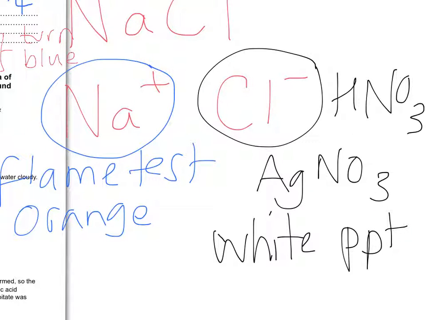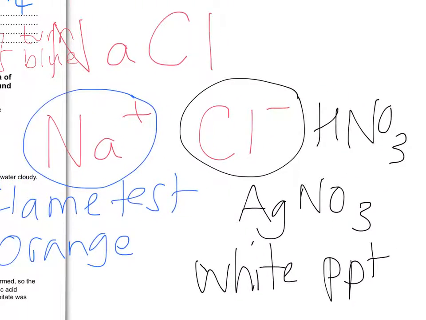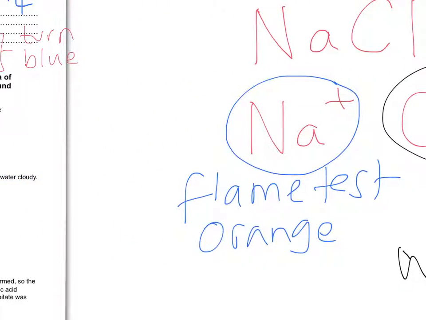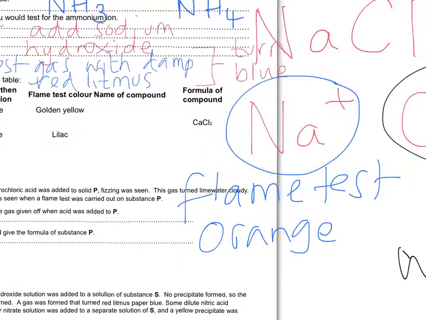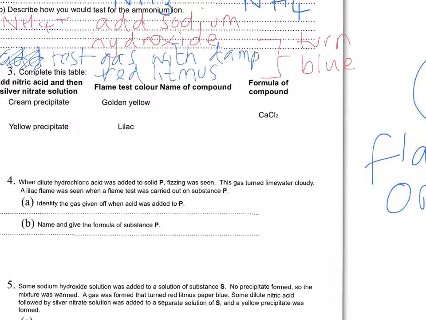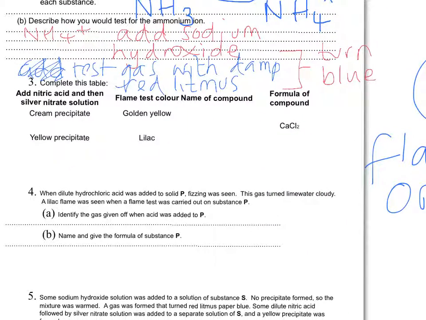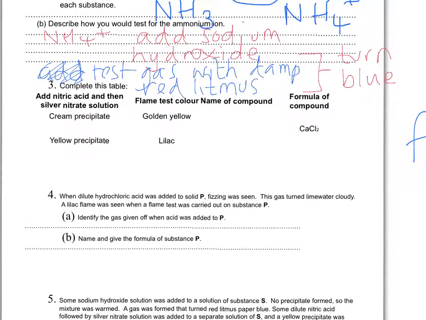You don't get ions in isolation. You can't have just a chloride ion on its own or just a sodium ion on its own. You're always testing a compound, which means we're going to have two results from two different tests when we're trying to find out what the whole compound is.